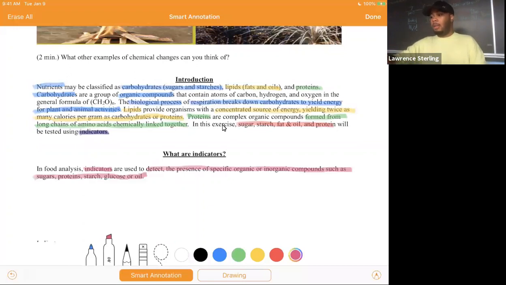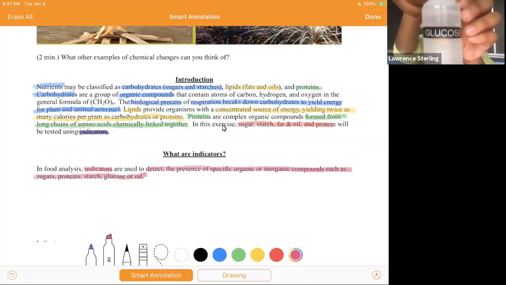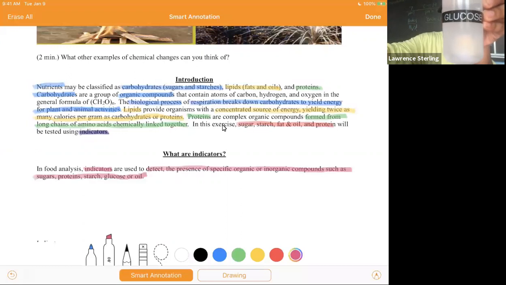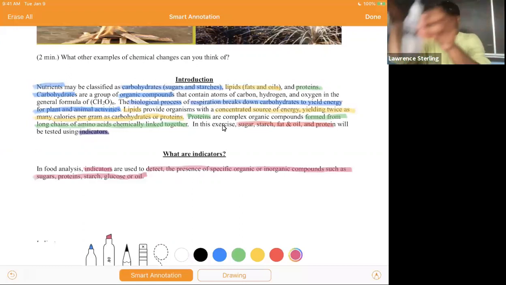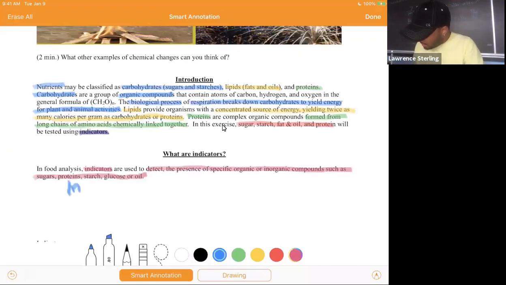Now for glucose, we use a specific indicator, which is known as Benedict's solution. So Benedict's solution tests for glucose. We have indicator and nutrient.